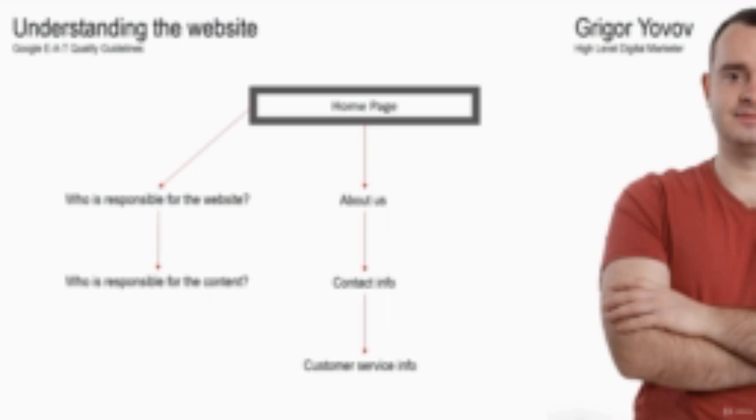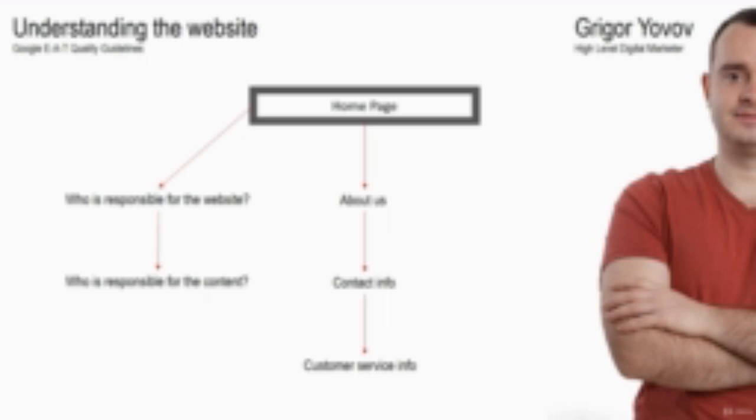And logically, this has a lot to do with the expertise and authoritativeness of the website and the quality score of the website that the researcher will give. The next line is to find information about us, contact information, and customer service information.